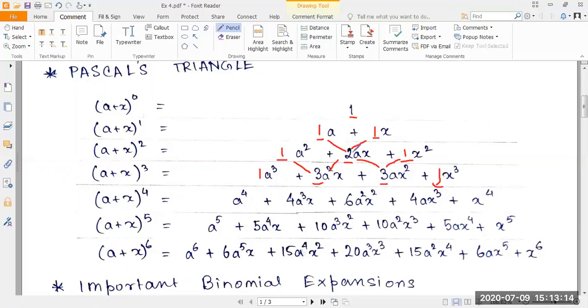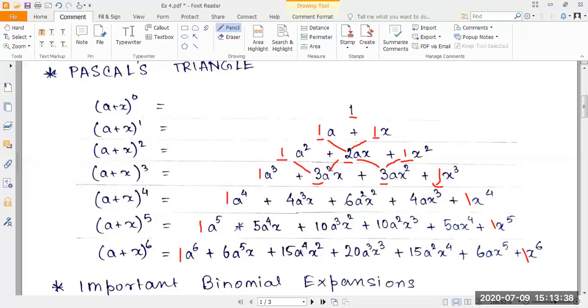So what I'm finding out is, all the time the numbers that are on the margin, all of these numbers have the coefficient 1. A cube, x cube, a to the power 4, x to the power 4. All of these terms that are on the margin, the outermost or the most extreme terms, always have coefficients to be 1.